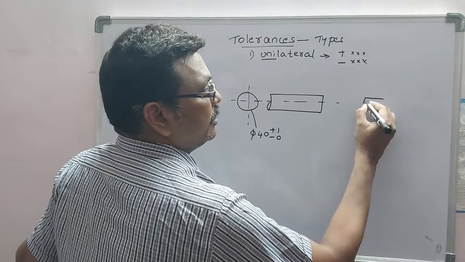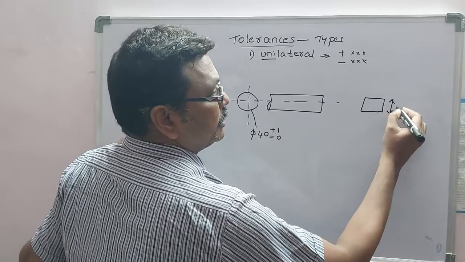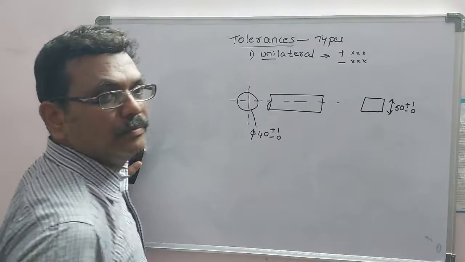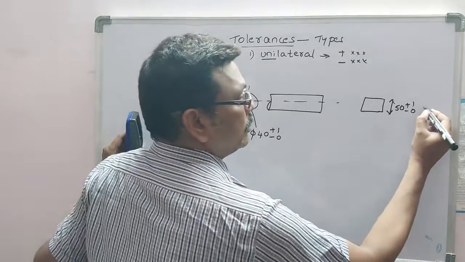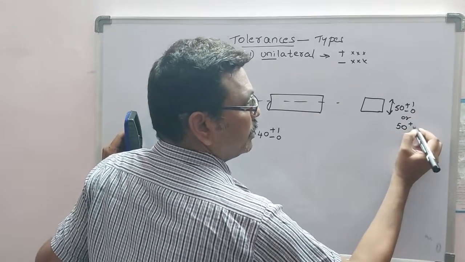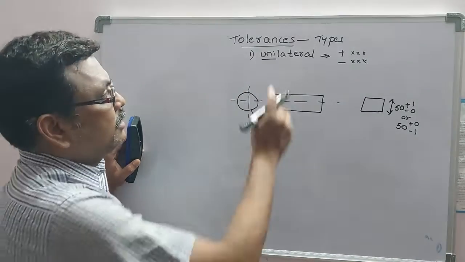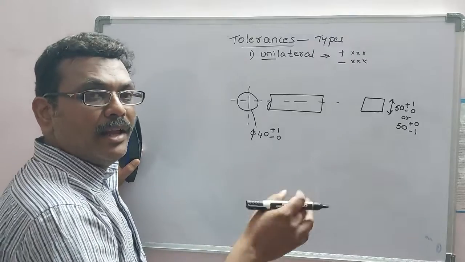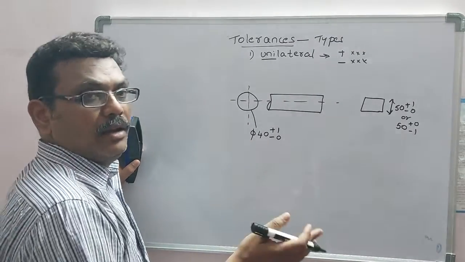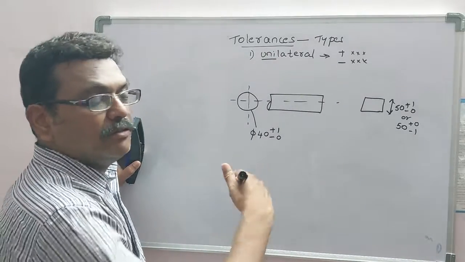Suppose I have taken a plate like this, I can give here 50 plus 1 minus 0, or 50 plus 0 minus 1. So this unilateral tolerance can be applied anywhere. It can be circular as well as non-circular components, from surface dimensioning and all.